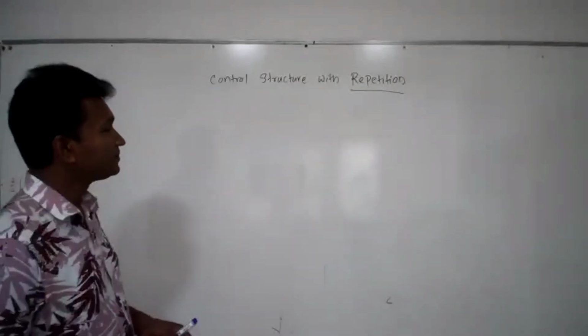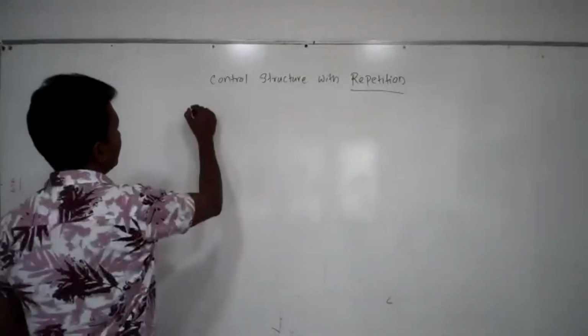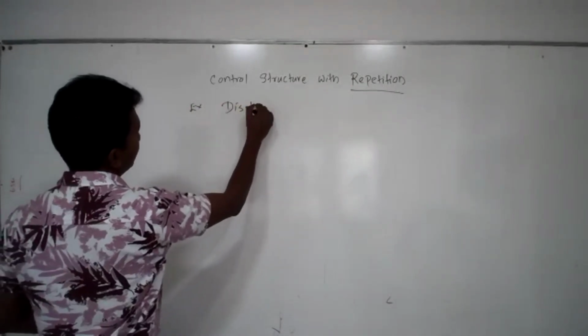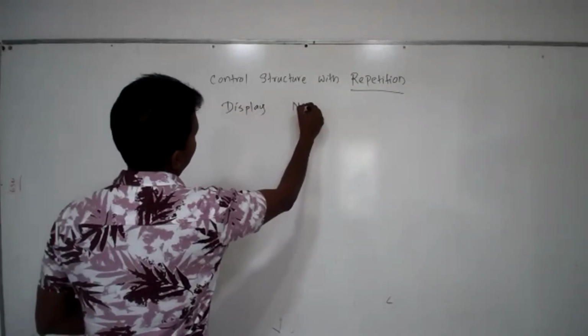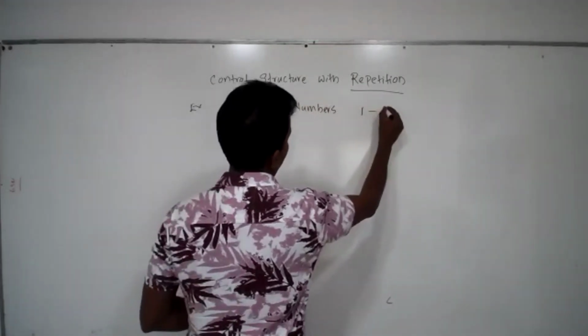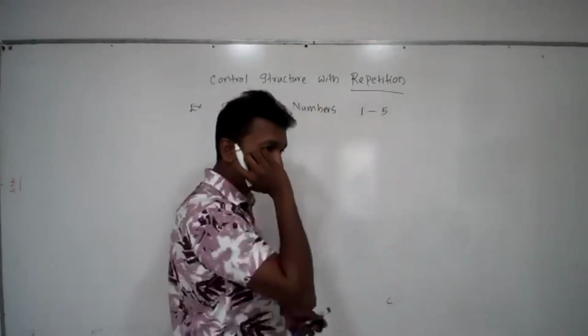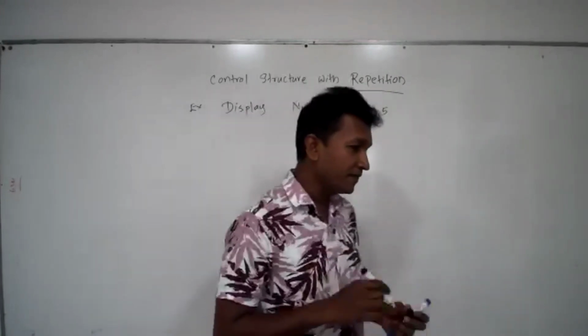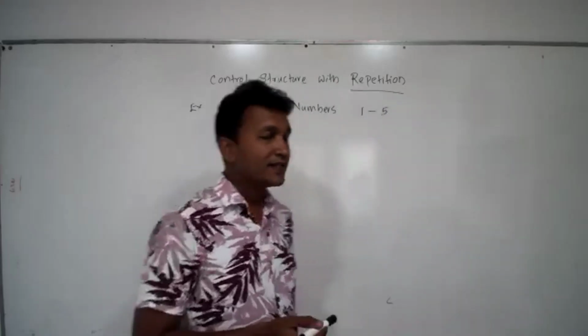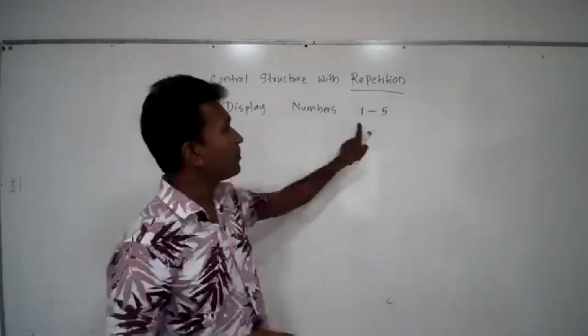For example, display numbers 1 to 5, right? So this kind of thing we have to repeat.